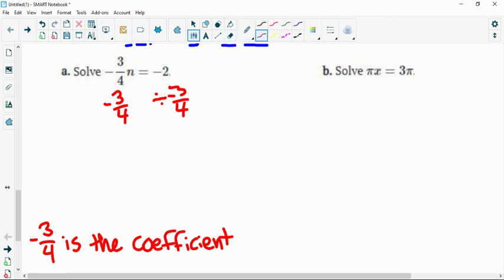Instead, we multiply by what's called the reciprocal of the fraction. The reciprocal is where we flip it over, we swap the numerator and the denominator, and so that's what we're going to do. We're going to multiply each side by the reciprocal.